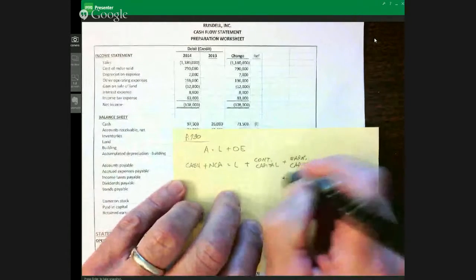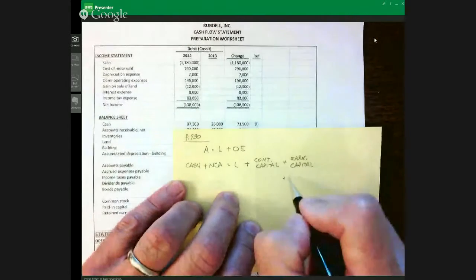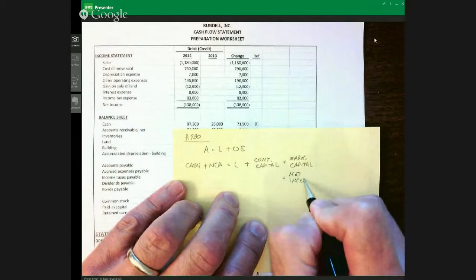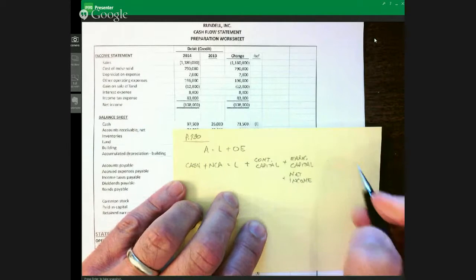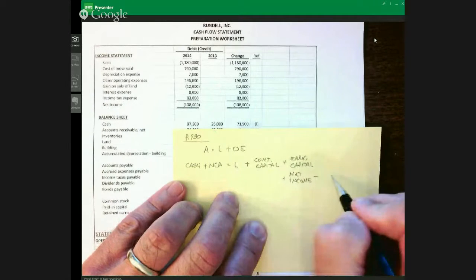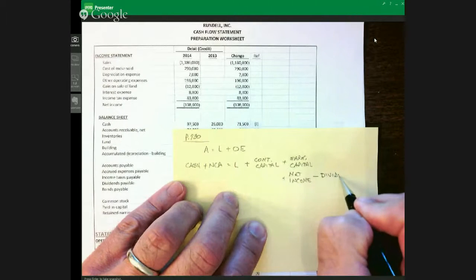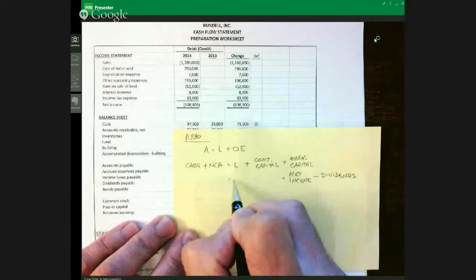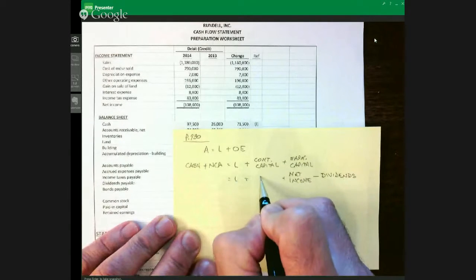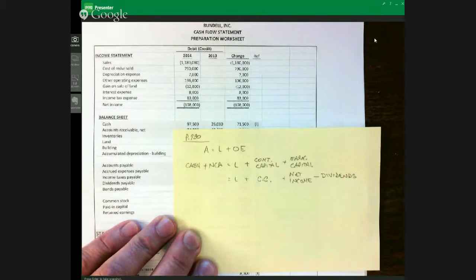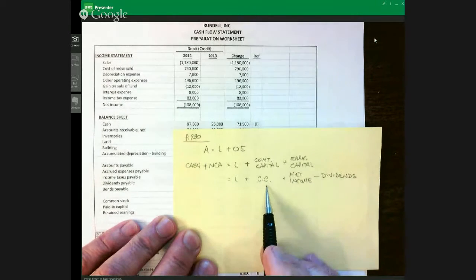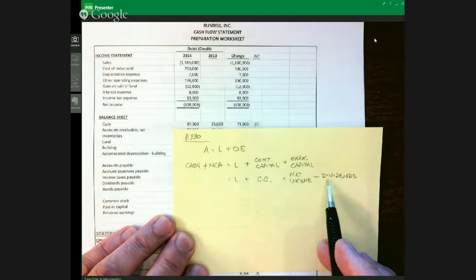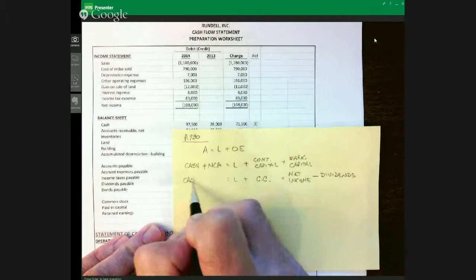So retained earnings will be comprised of net income from the income statement less any dividends that have been distributed to the owners. So now we have the right-hand side of the balance sheet comprised of liabilities plus contributed capital plus earned capital, which is net income less dividends, and that should equal cash plus the non-cash assets.